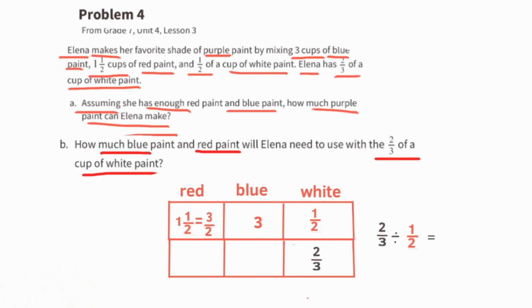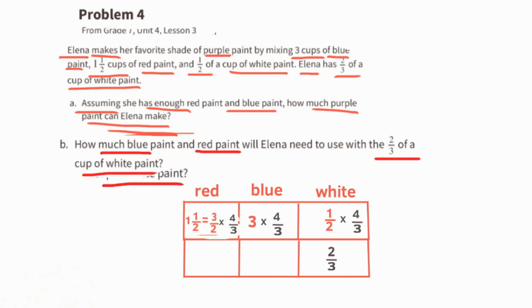B. How much blue paint and red paint will Elena need to use with the 2/3 of a cup of white paint? 1/2 cup of white paint times 4/3 equals 2/3 cup. 3 cups of blue paint times 4/3, and 1½ cups of red paint times 4/3.